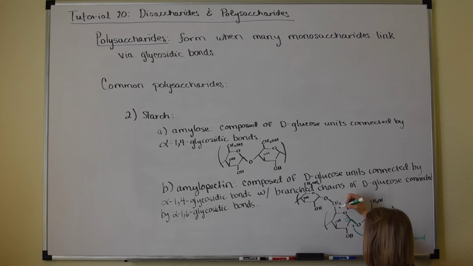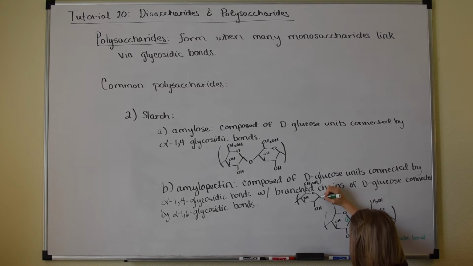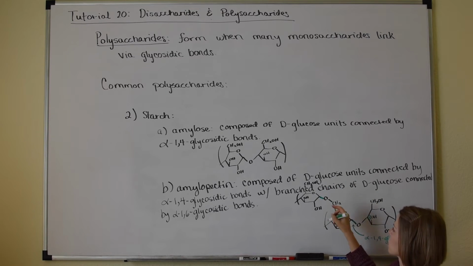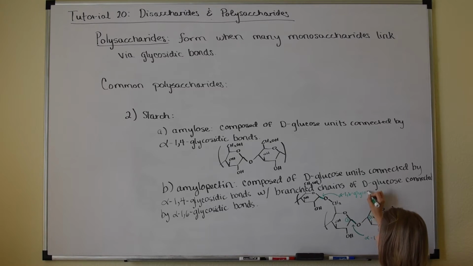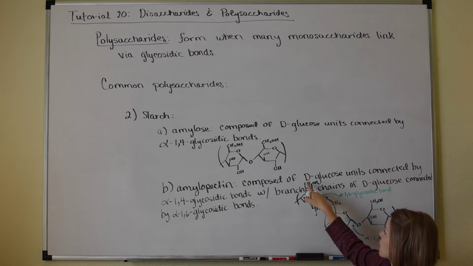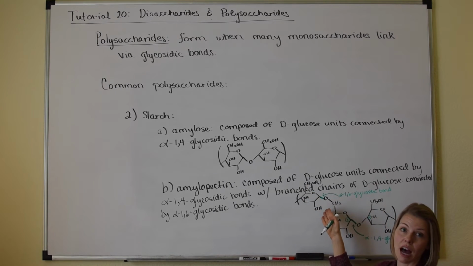And then let me label over here my alpha 1,6. Okay. So this is my alpha 1,6 glycosidic bond. And it's alpha 1,6, again alpha, because with respect to the CH2OH, it's on the opposite side.